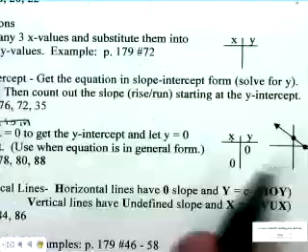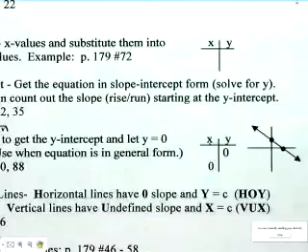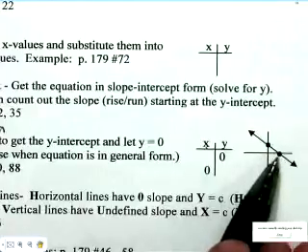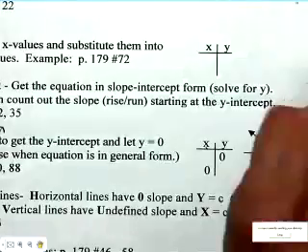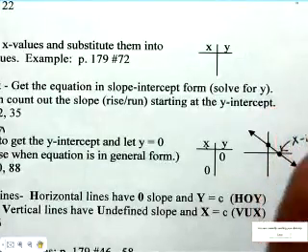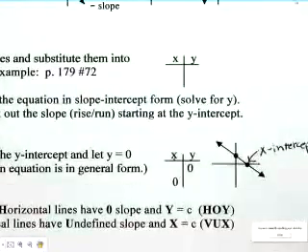Every diagonal line has both an x-intercept and a y-intercept. The x-intercept is where the graph crosses the x-axis. And what is true about any point that's sitting on the x-axis?